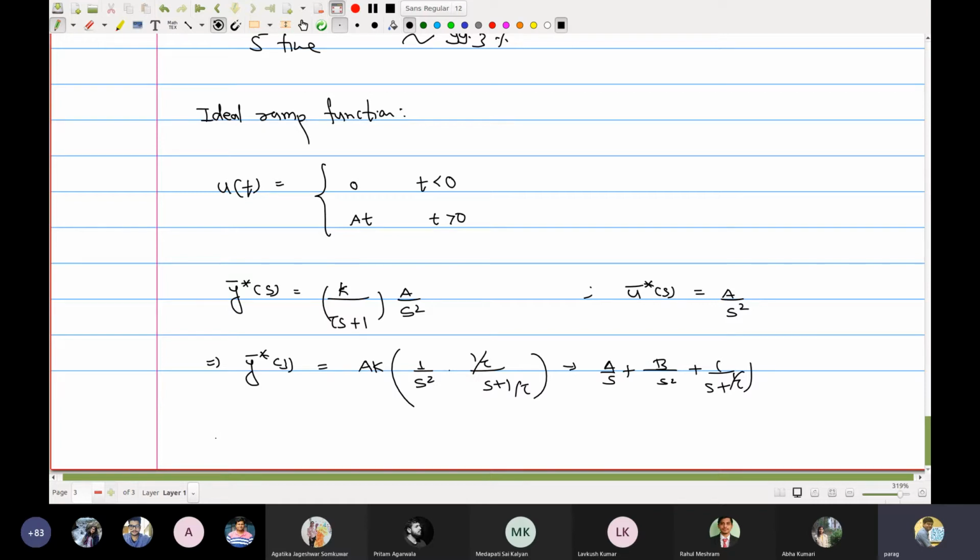So how do the dynamics look? y of t, I have the final expression in front of me, is equal to ak tau times e to the power minus t by tau plus t by tau minus 1. Okay, so this is the dynamics.